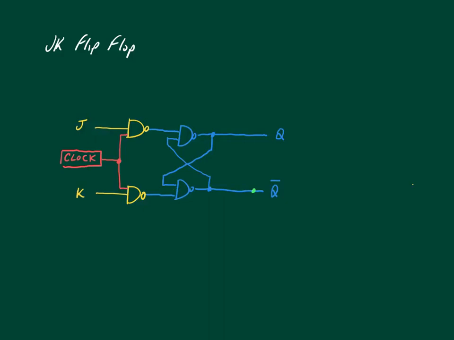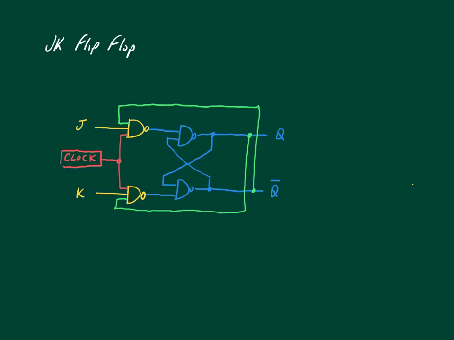But with the JK flip-flop, Q negated is actually passed all the way back as a third input to the J NAND gate, and the Q value is passed all the way back as a third input to the NAND gate for the K. The reason for doing this is so that we can utilize J and K input values slightly differently.